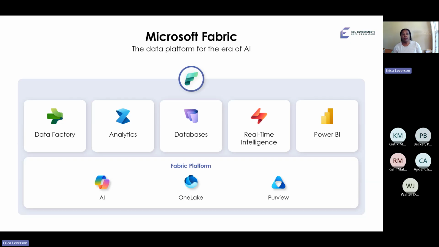Traditionally, nonprofits use many separate tools for storing, analyzing, and reporting on data. This creates silos, duplicate data, and inconsistent results across teams. So Fabric changes this by bringing all data capabilities into one connected platform, so everything works together instead of separately. At the center is OneLake, where data is stored once and shared across the organization.